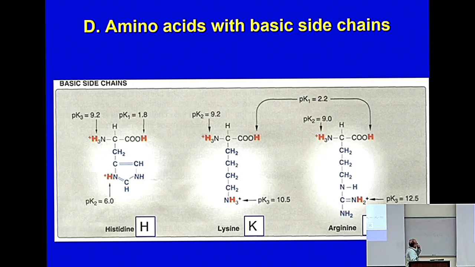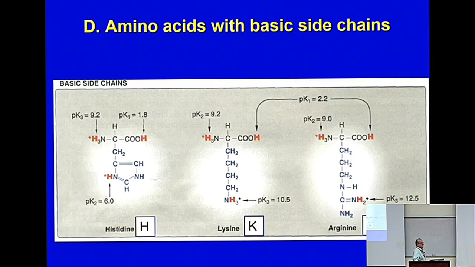The third basic amino acid is a very important amino acid called histidine. Histidine has this ring called the imidazolium ring structure. You don't need to memorize anything, but histidine has this nitrogen in that ring that is protonated, and again, it gives histidine a net positive charge under physiological pH.